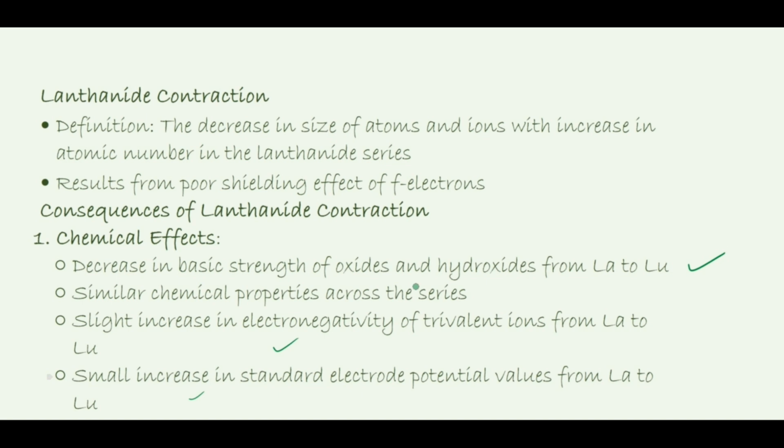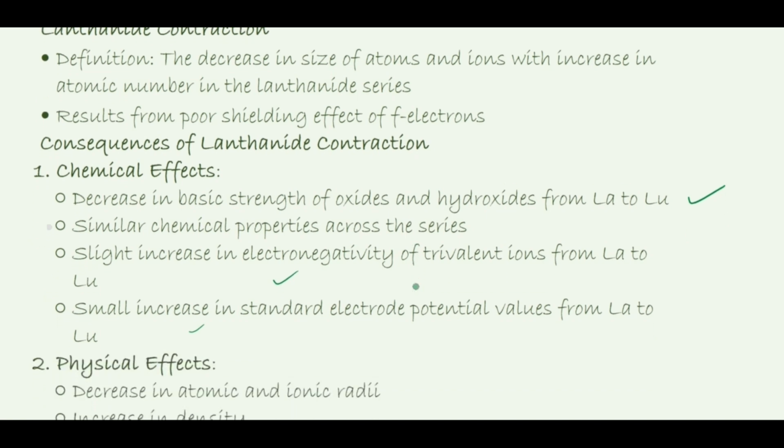So what is lanthanide contraction and what does it affect? There is a decrease in basic strength of oxides and hydroxides, the most important point. Why is it happening? Because of the poor shielding effect of f subshell electrons.